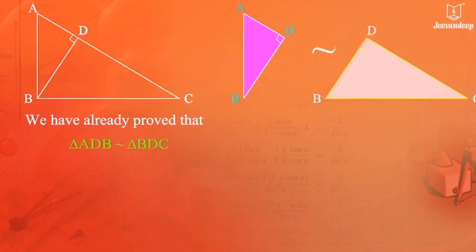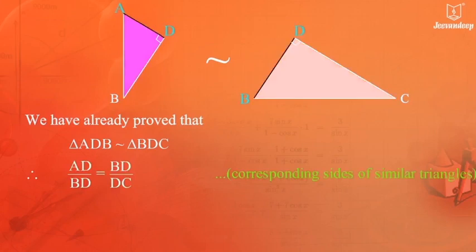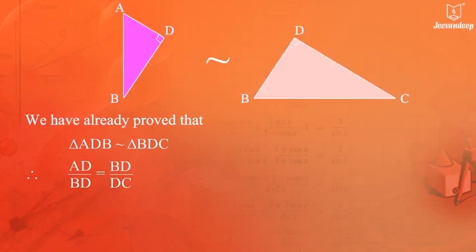We have already proved that triangle ADB is similar to triangle BDC. Therefore, AD upon BD equals BD upon DC, corresponding sides of similar triangles.